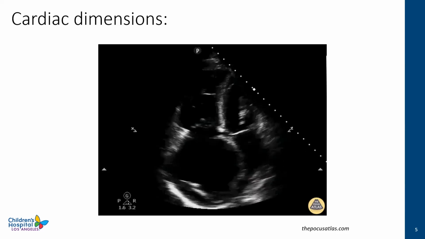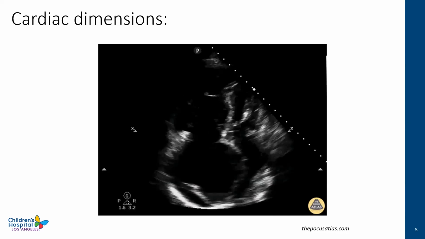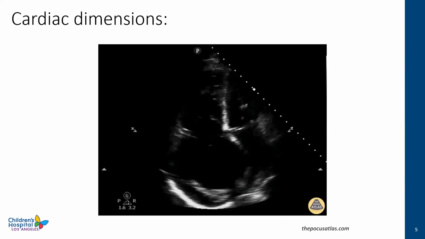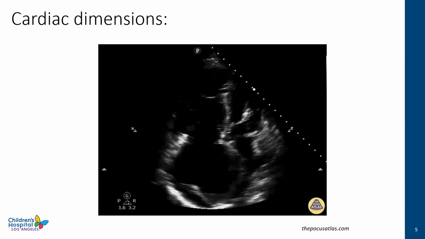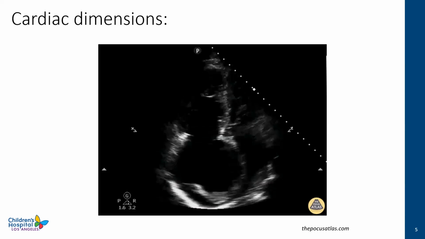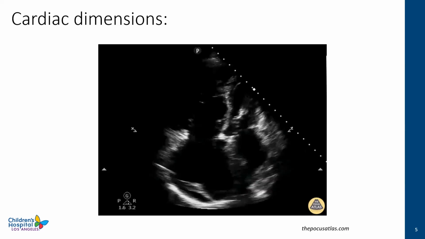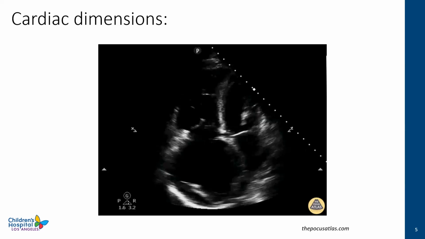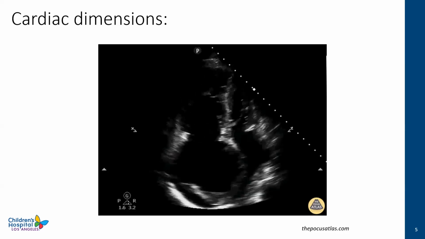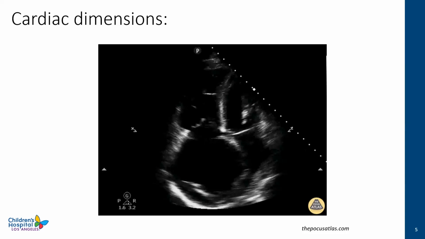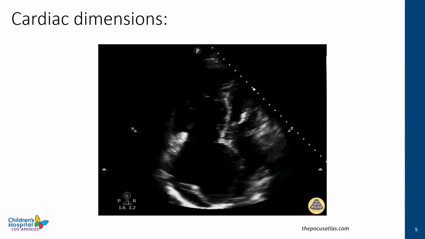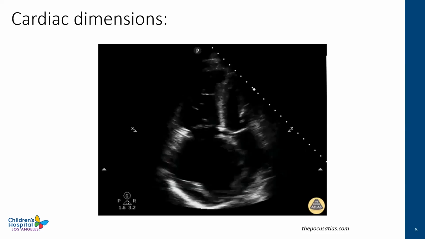And so using quantitative measures and comparing them based on age and size and Z-scores, you may be able to differentiate between the two. And then the other thing I would say is that if you are doing serial ultrasounds, you may be able to also follow changes in dilation or hypertrophy.